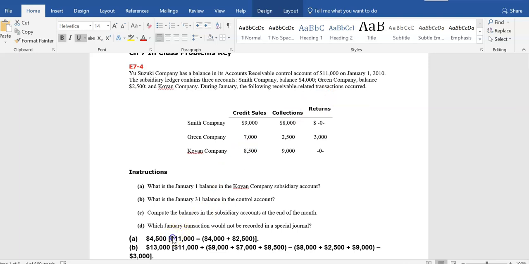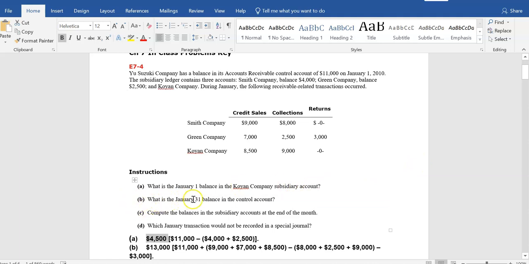That means if we take the total accounts receivable, which is 11,000, and we subtract out the balances that we know, the balance for the Smith Company and the balance for the Green Company, total receivables minus two customers' balance means the third customer or Koyan Company's balance must be $4,500 on the 1st of January.